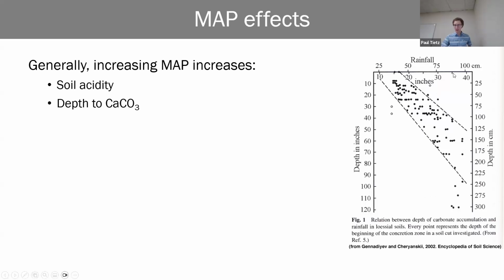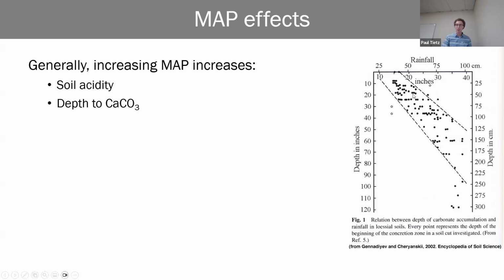As rainfall increases from lower on the left side, increasing to 100 centimeters of annual rainfall per year on the right, the depth in inches and centimeters here, going from 0 at the top to 3 meters here at the bottom, it's increasing. It's like a depth of the soil profile.